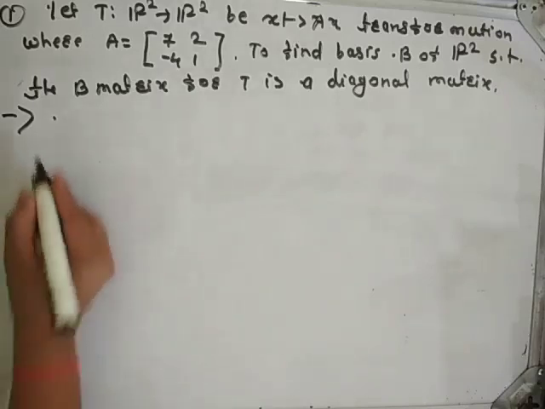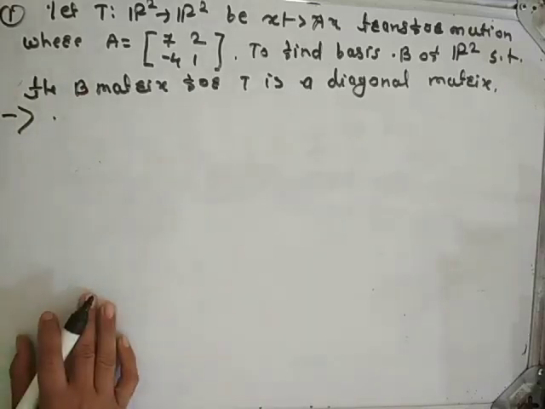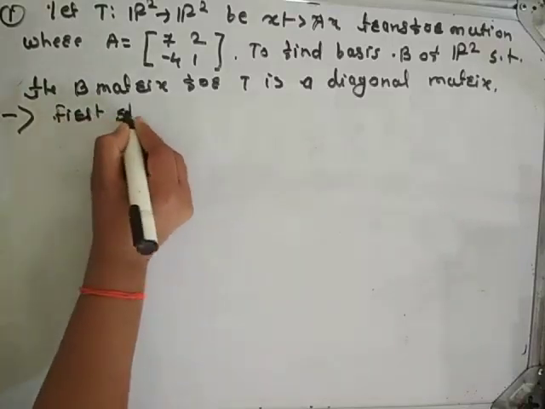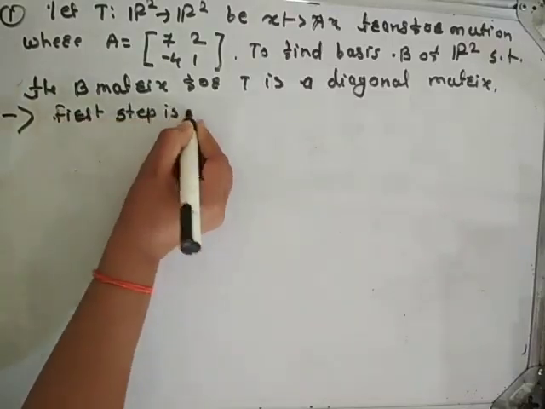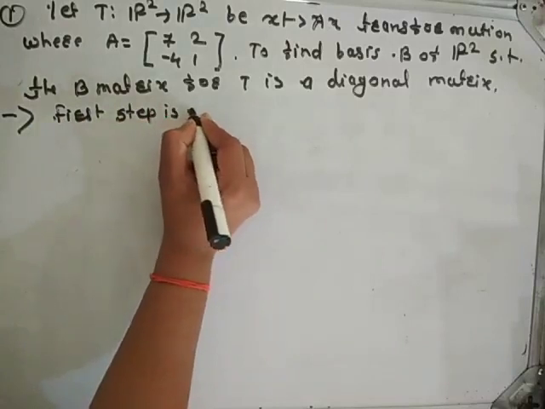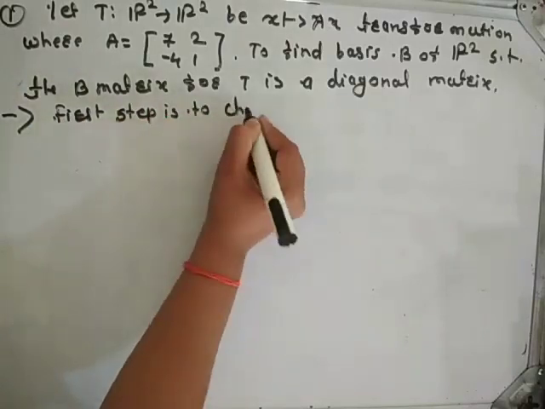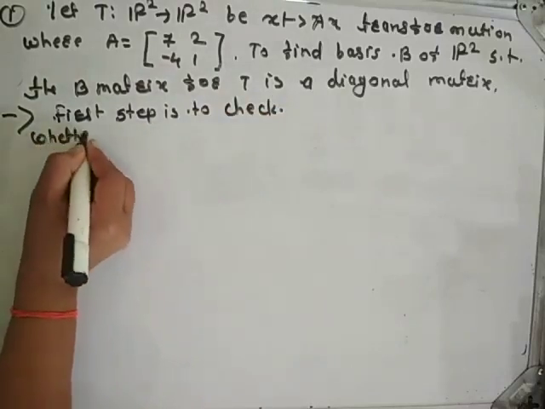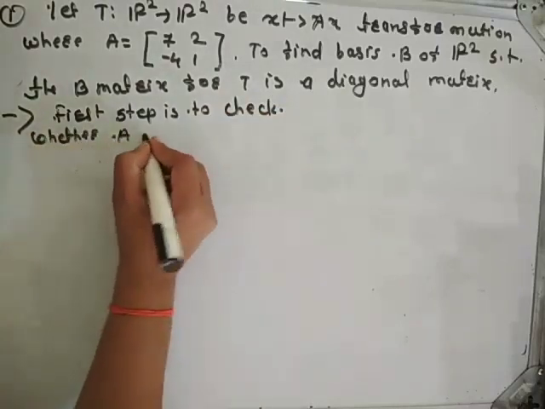Okay. Solution. First of all, we have to check whether A is diagonalizable. First step is to check whether A is diagonalizable.